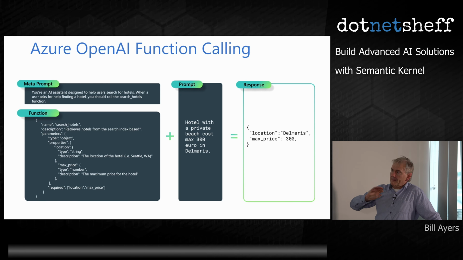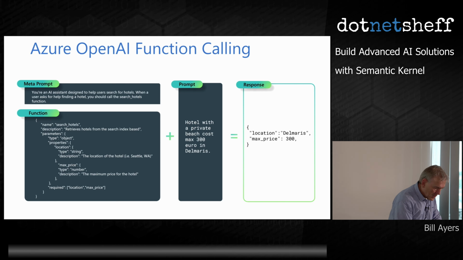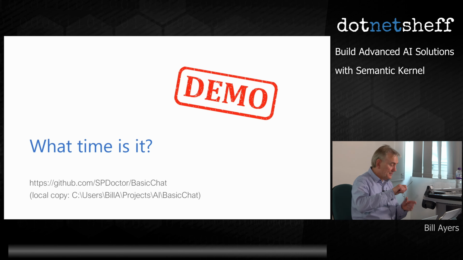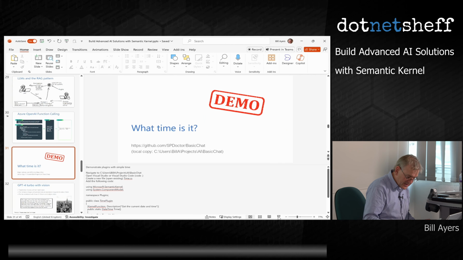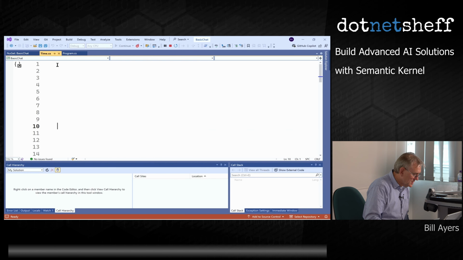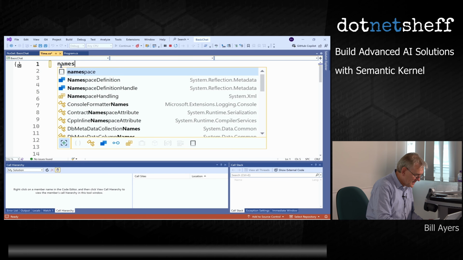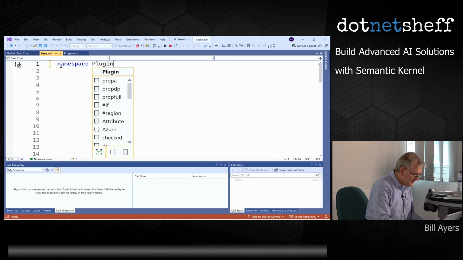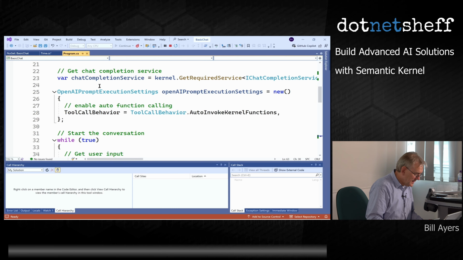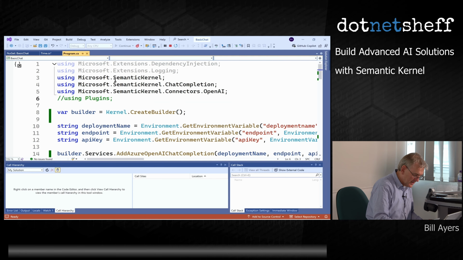So that's actually quite complicated to get to work, but Semantic Kernel does all that for us. So I'll show that in this example of seeing what time it is. We'll extend this now, and what we'll do is create a file called time.cs, and say namespace, I'm going to call it namespace plugins, and then in here I should have using plugins, shouldn't I?